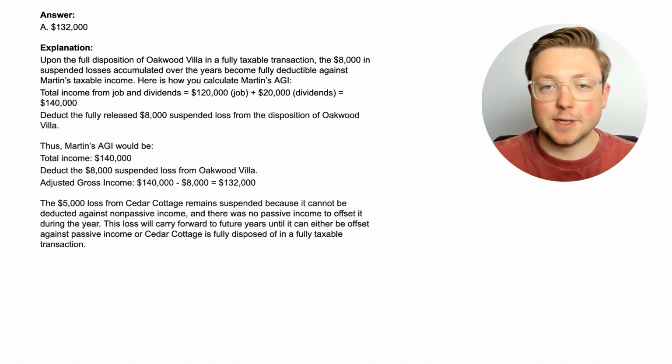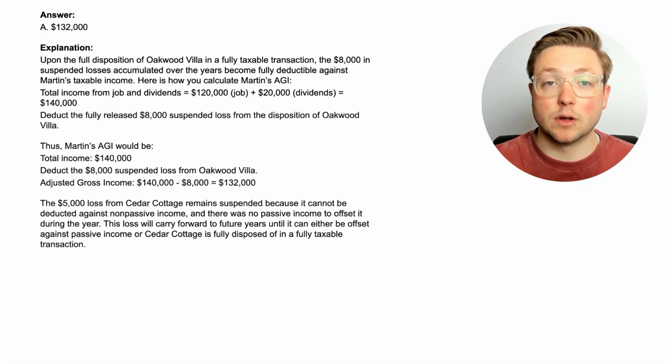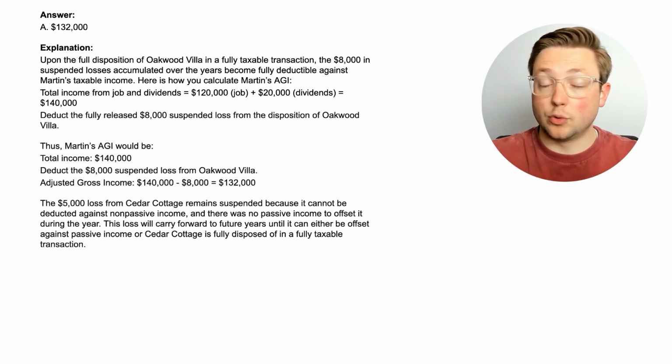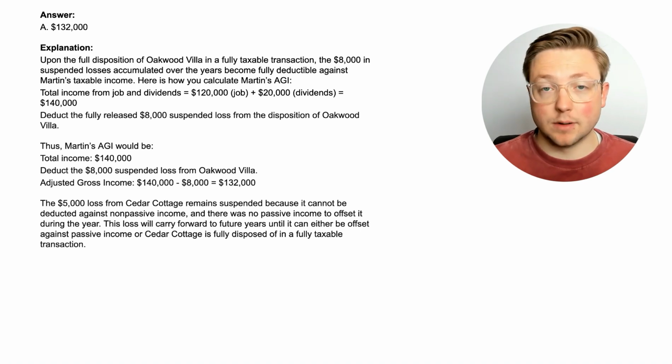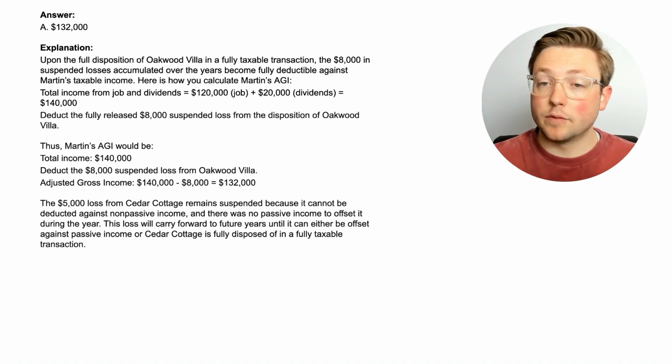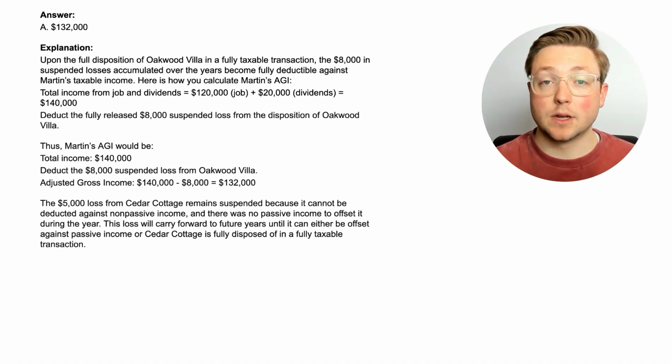If you're a real estate agent, you can have an exception. Or if you are actively involved in the property, then you can have a $25,000 allowance. But throughout this whole video, we are assuming that these are people who are not actively involved, and it really is just passive income for them. So with that said, because none of those exceptions apply, the $5,000 loss, since it has no passive income to be netted against, is carried forward to future years as a suspended loss.